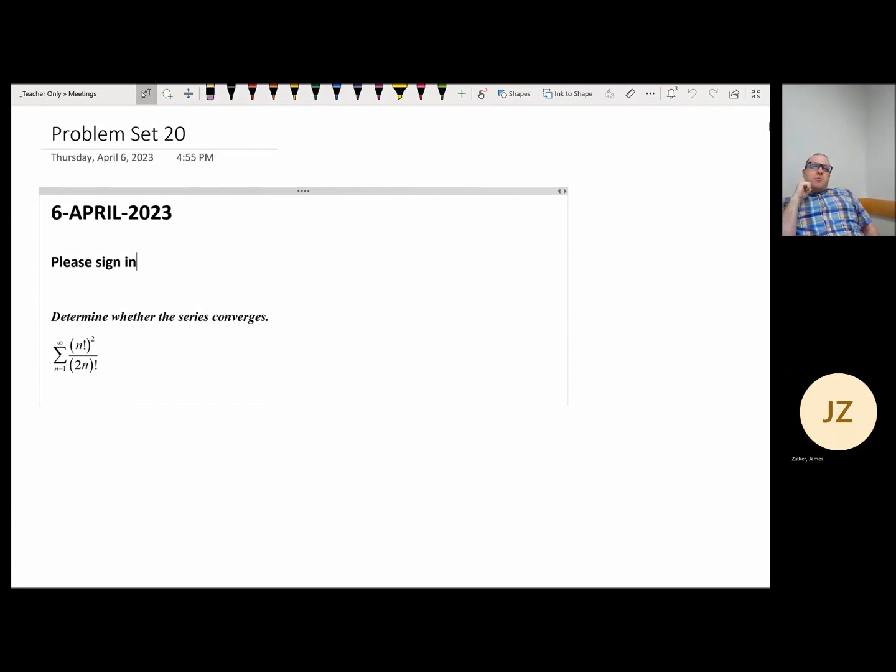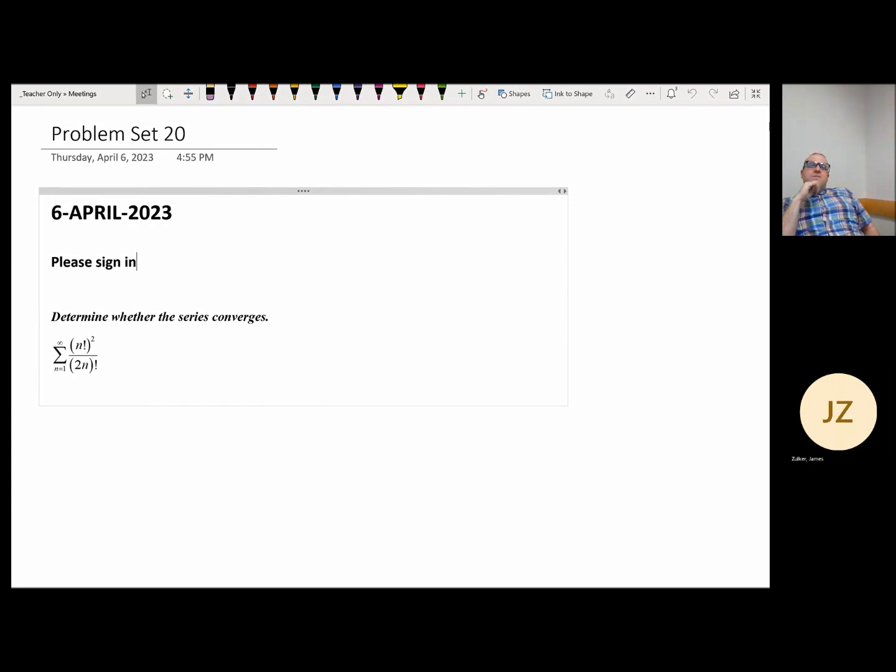Comparison tests: what are we going to compare it to? Going to be difficult. Integral test? Yeah, no thanks. Don't want to worry about having to integrate a factorial, let alone a factorial squared over a factorial. No thanks.